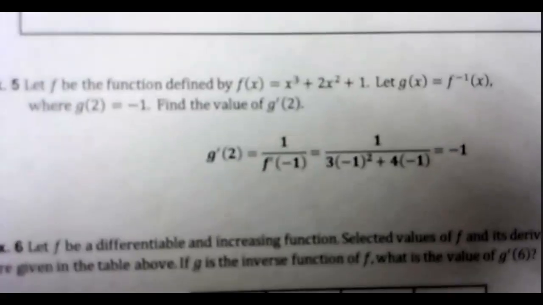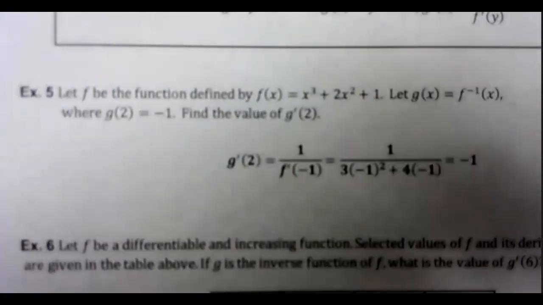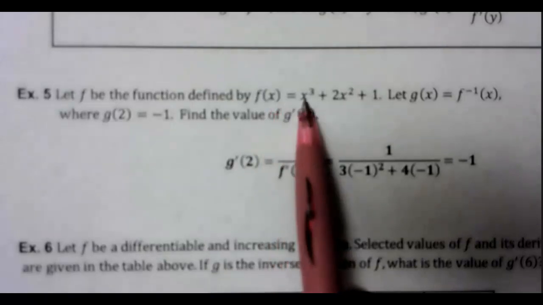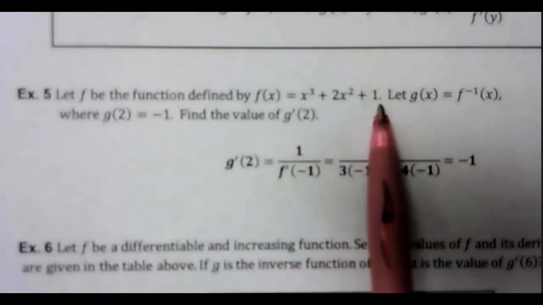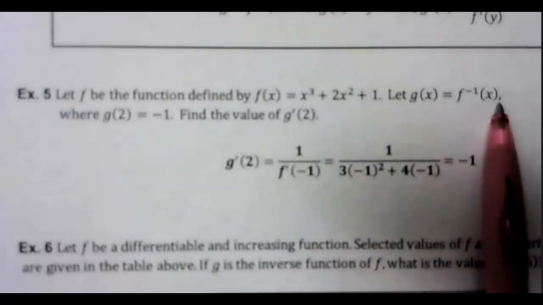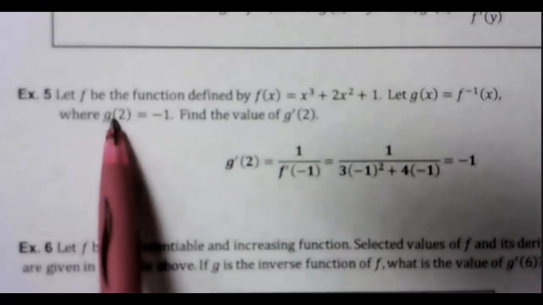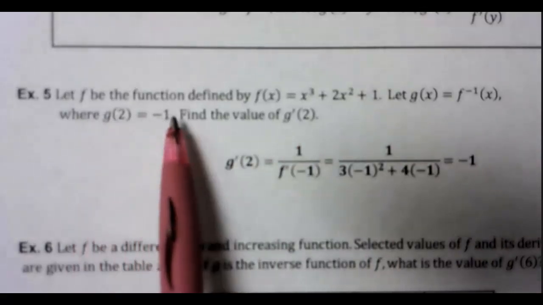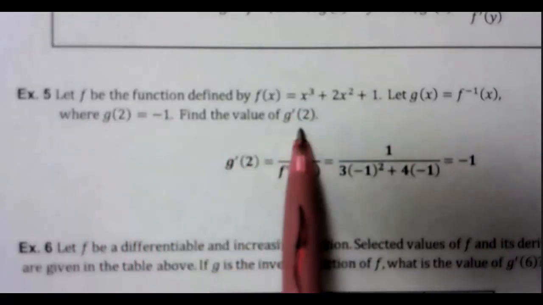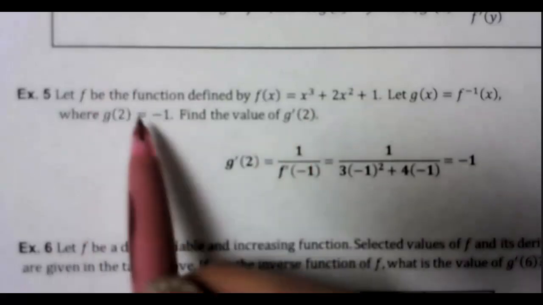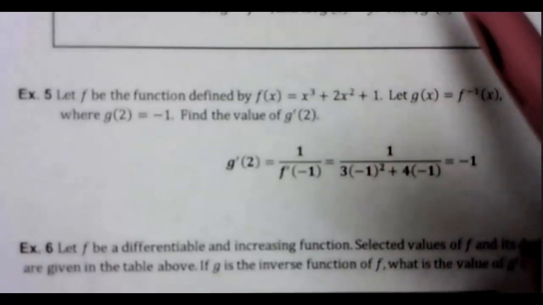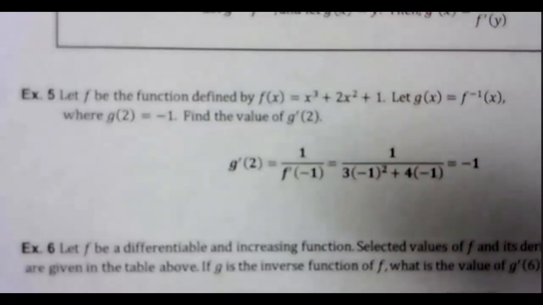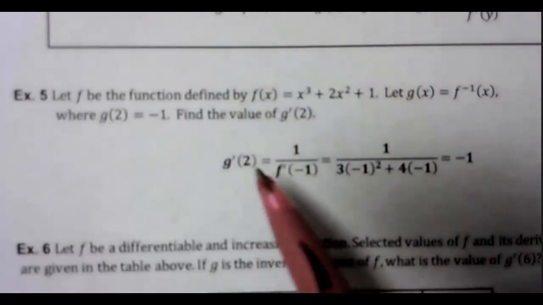So, for example, if you had the function f of x equals x cubed plus 2x squared plus 1, and we want to let g of x equal f inverse, where g of 2 is equal to negative 1, find the value of g prime of 2. Well, the reason I need this is because that's going to represent what I plug into the bottom of my formula.